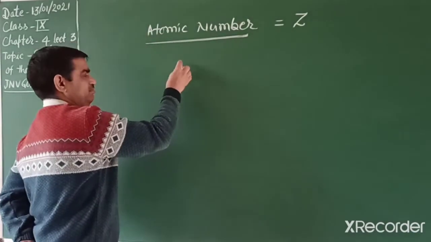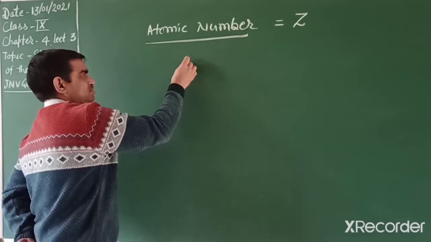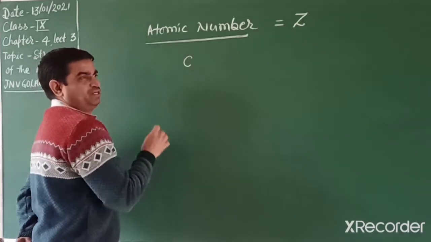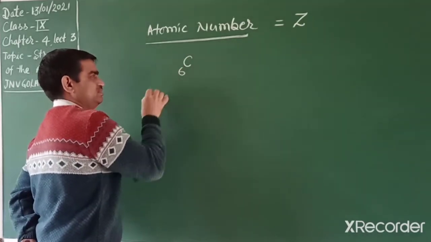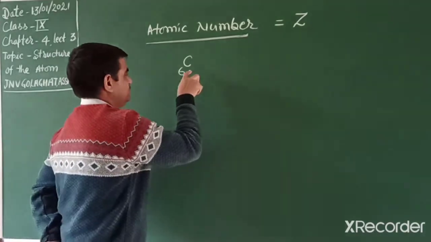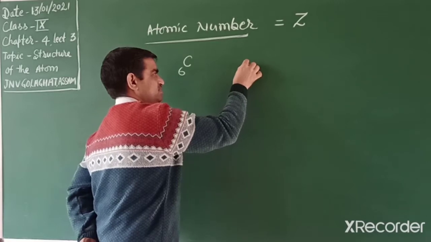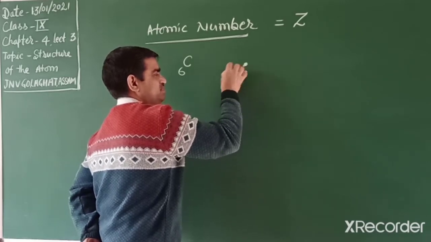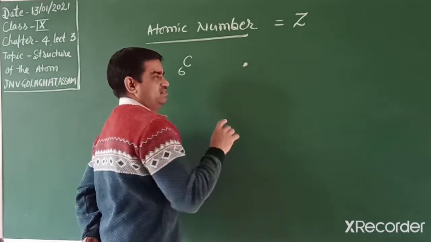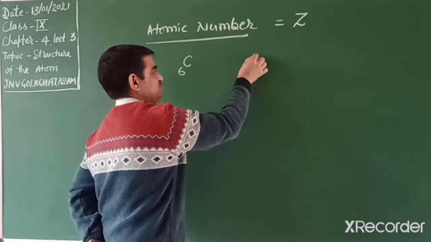For example, carbon's atomic number is 6. It means carbon has 6 protons at the center, that is the nucleus, and 6 electrons.